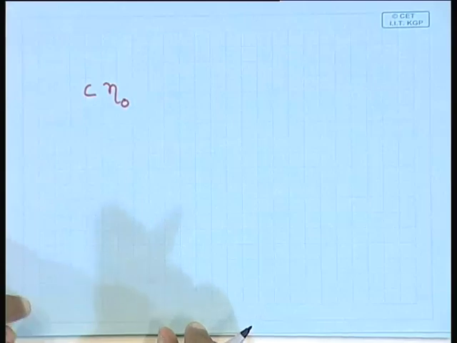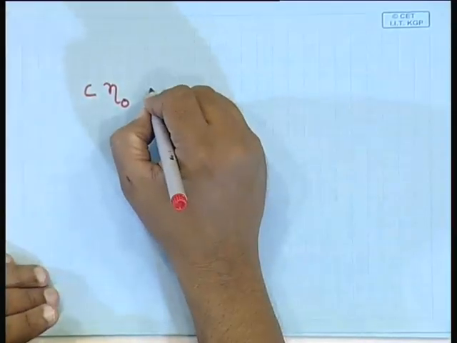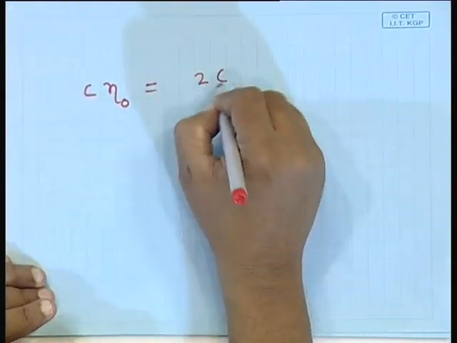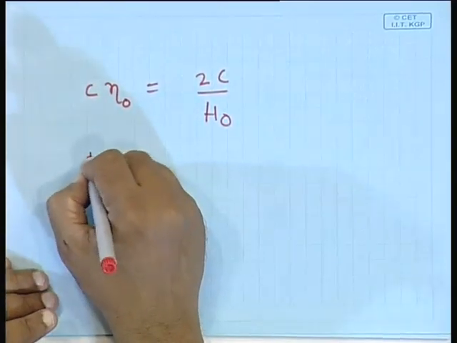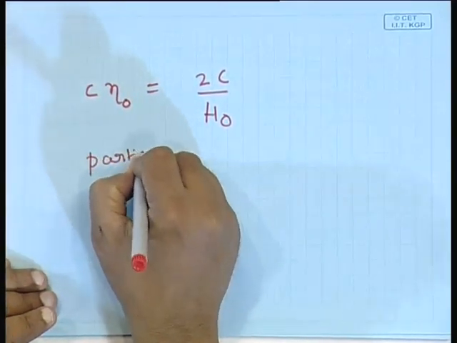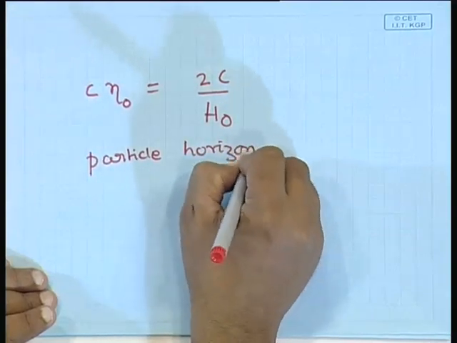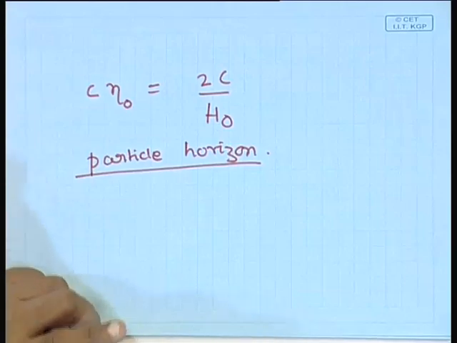If it starts from 0, that is the furthest comoving distance light can travel, and this has a value 2c by h naught in this particular cosmological model. This is the particle horizon. This is the furthest distance a signal can propagate if it starts propagating at the Big Bang. Regions at comoving distances, large scales, larger than this are not causally connected.